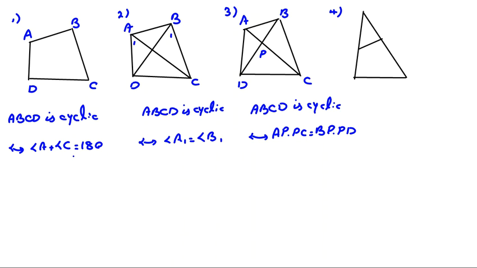If the quadrilateral is not cyclic, you draw a circle through three vertices, and then you can reach a contradiction. If you want to know how we can reach the contradiction, feel free to send a message to my WhatsApp number in the description and comments. Then the last rule: ABCD is cyclic if and only if PA times PD equals PB times PC. So we have these rules.